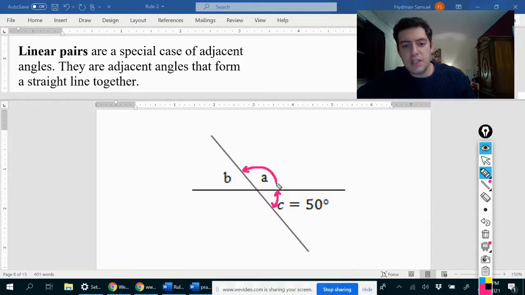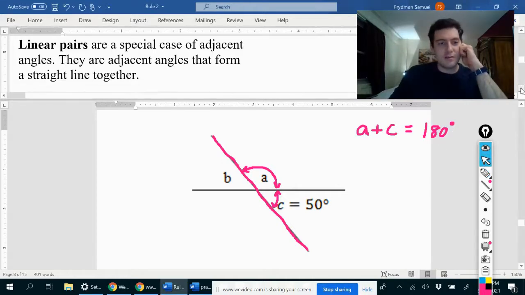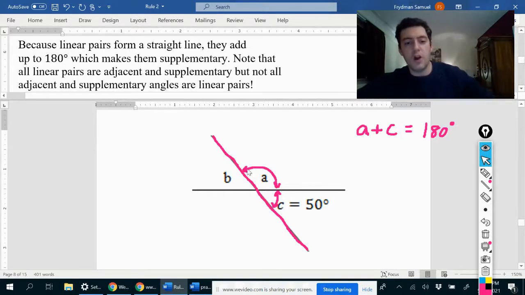Okay, they're adjacent, but they also form a straight line together. So angle A plus angle C must be 180 degrees. Because remember, we said that straight angles are 180 degrees. So angle A plus angle C must be equal to 180 degrees.